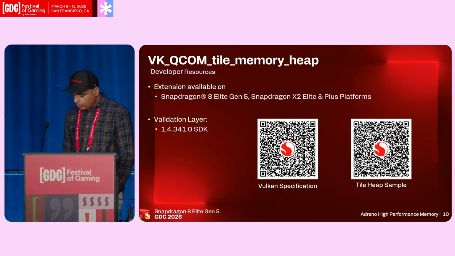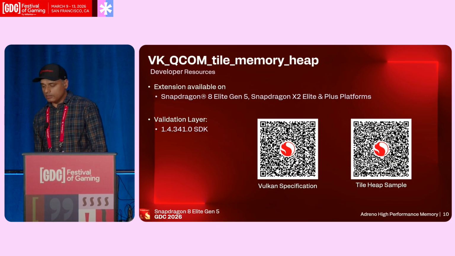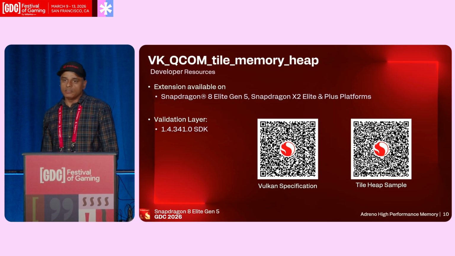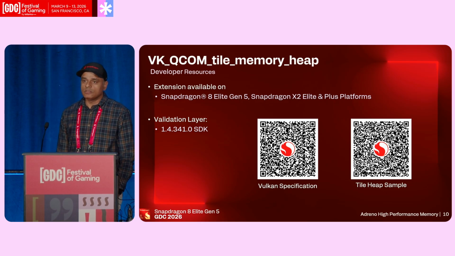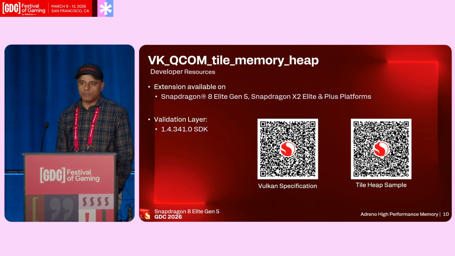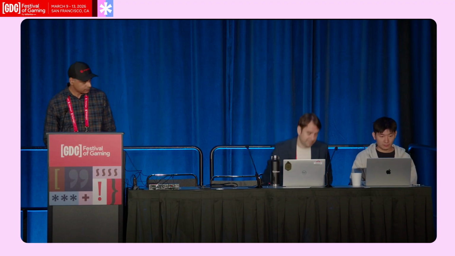So overall, use tile memory for high reuse and short-lived resources. And it's a very simple API and a very few lines of code to integrate into the game engine backends. Next, Chris is going to cover the UE5 integration of tile memory heap.